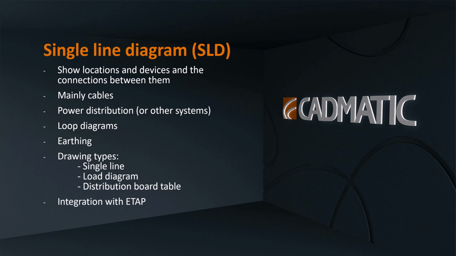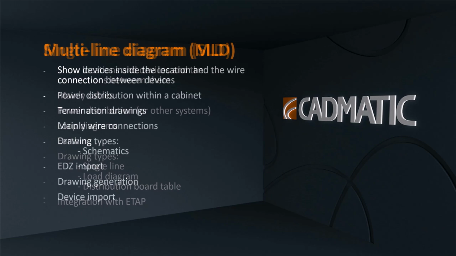And then you can use the ETAP to create your calculation, and the ETAP is made for that. And then only the information is flowing between these two softwares. Yeah, that's a short small talk about the single line diagrams.